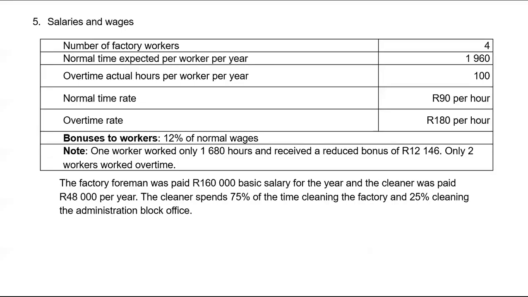For overtime, it's pretty much the same scenario. Only 2 workers worked overtime. So for my overtime, the overtime rate here will be that 180. And for overtime, the worker will have worked 100 hours. So it'll be 2 times 100 times 180 for those 2 workers.